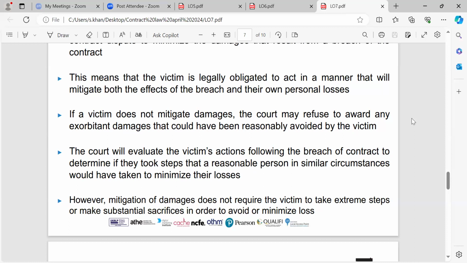Another example is a construction contract. If a contractor fails to complete a project as agreed, the property owner may be required to mitigate damages by hiring a new contractor to complete the work. The original contractor may be liable for any additional costs in regards to that.